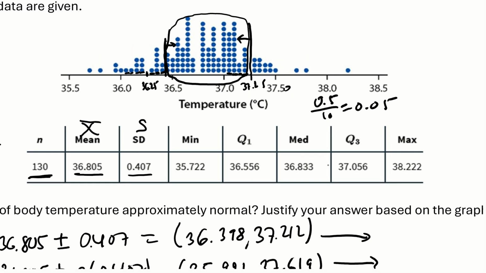So let's go and count them real quick. 1, 2, 3, 4, 5, 6, 7, 8, 9, 10. That's 57 so far. That's 78, 79, 80, 81, 82, 83, 84, 85, 86, 87, 88, 89, 90, 91, 92, 93, 94, 95.